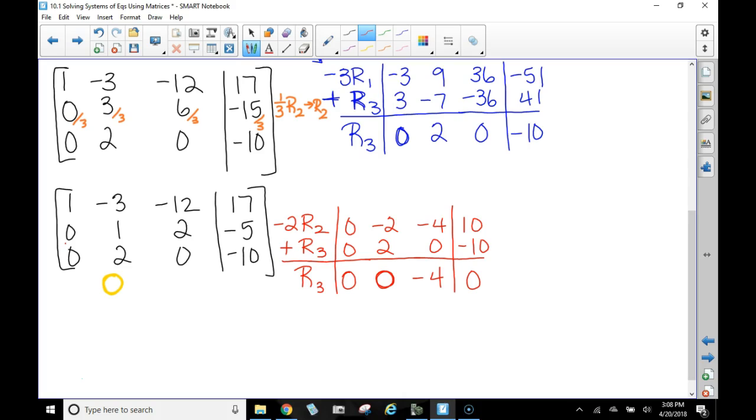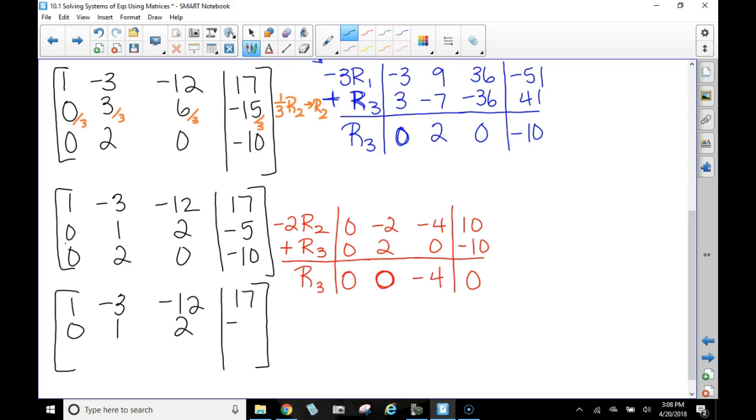Now, my matrix with my new row 3, rows 1 and 2 do not change. Row 2 is still 0, 1, 2, negative 5. Once you've got a 1 on the main diagonal, you don't want to mess it up. But my new row 3 is 0, 0, negative 4, 0.